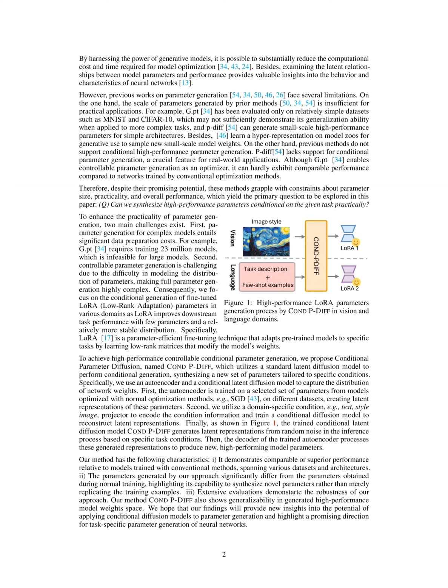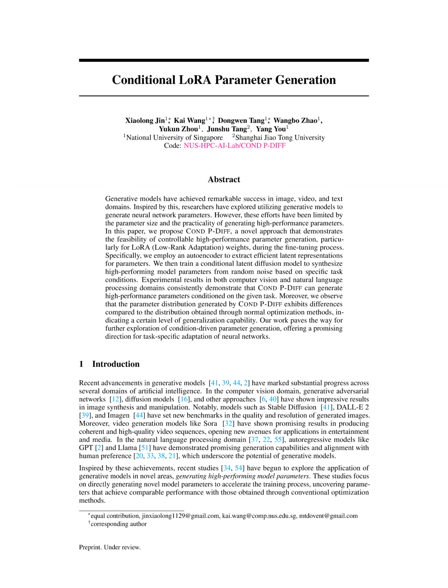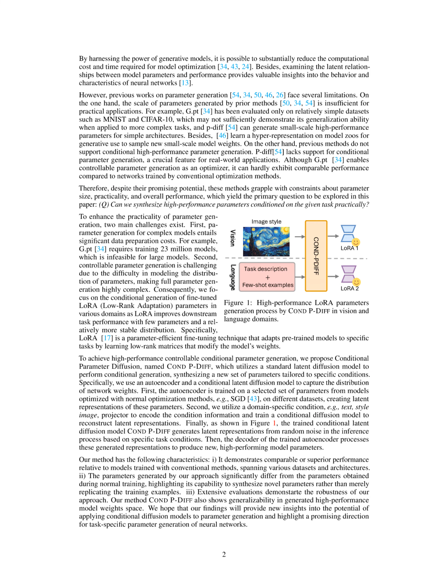The diffusion model is trained to generate new latent representations conditioned on this input. During inference, we feed random noise and the encoded task condition into the trained conditional diffusion model, which generates new latent representations. Finally, these representations are decoded back into the parameter space using the autoencoder's decoder, resulting in high-performance LoRA parameters tailored to the specific task conditions.